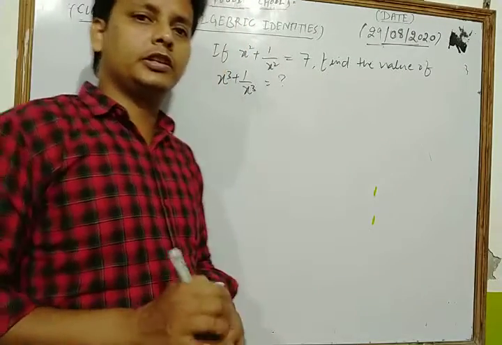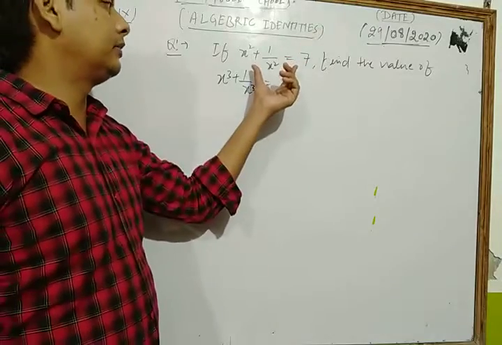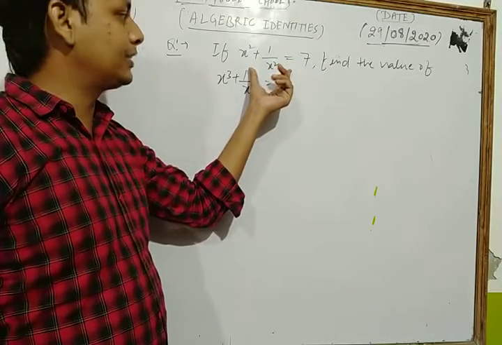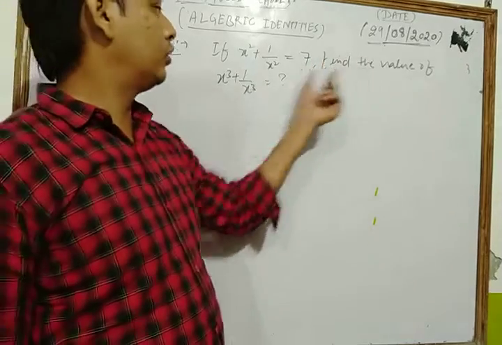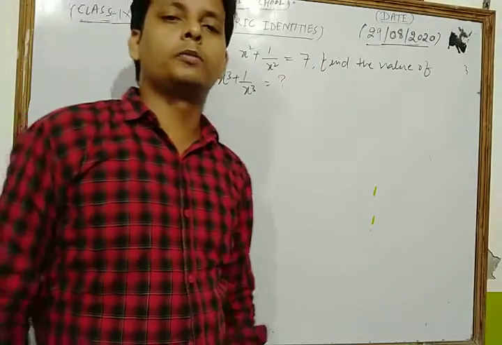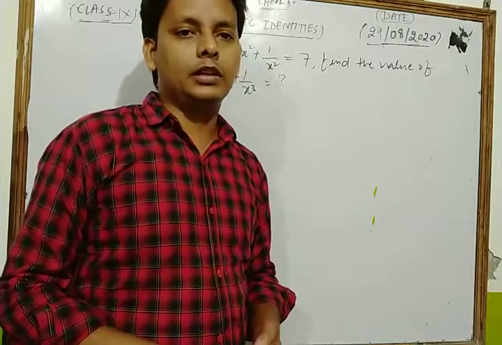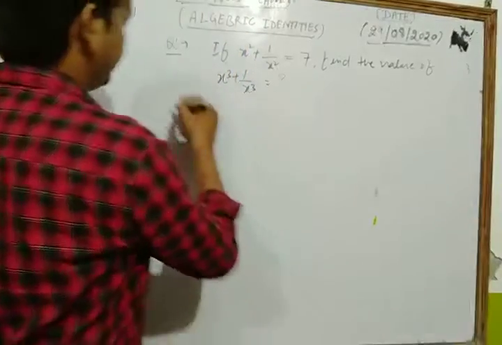In this question we have x square plus 1 upon x square equal to 7, and we find the value of x cube plus 1 upon x cube. Now dear students, let's see its solution.